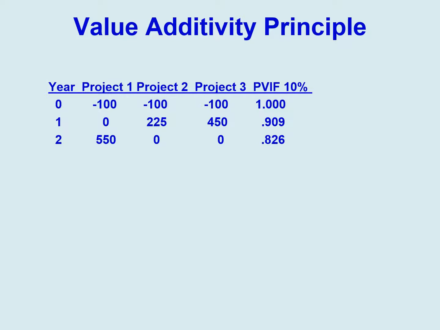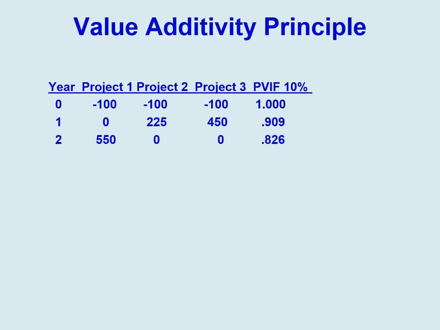Projects 1 and 2 are mutually exclusive, meaning that you will either invest in project 1 or project 2. It depends on which one's better. And then project 3 is independent, meaning that you will go ahead and invest in project 3 if it's a positive NPV project. So you'll decide between projects 1 and 2, and then project 3 is independent. You'll take it if it's a positive NPV project.